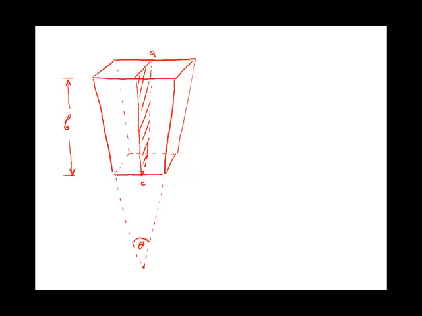Why do I want to cross this object like this? Because I know B. B is the distance along the vertical. And I need a plane which contains this vertical.